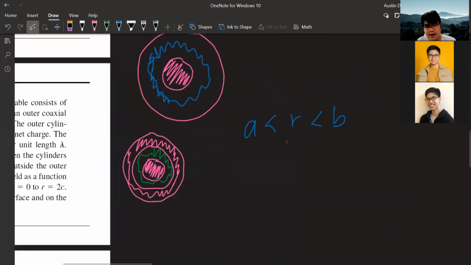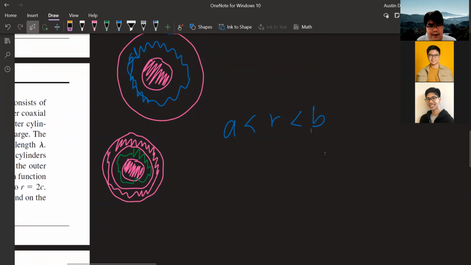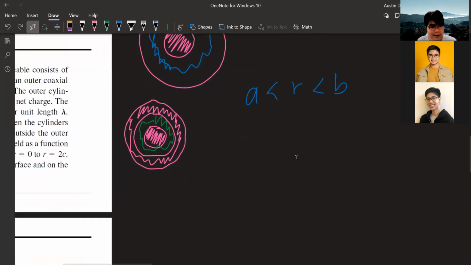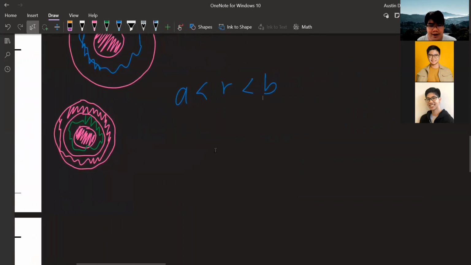For r within A and B, ang gagawin natin would be, of course, this is cylindrical in nature. Therefore, we are free to use Gauss's law. And by Gauss's law, ang pwede mo ilagay na Gaussian surface would be cylinder. And that cylinder is just 2 pi r, then times the length.